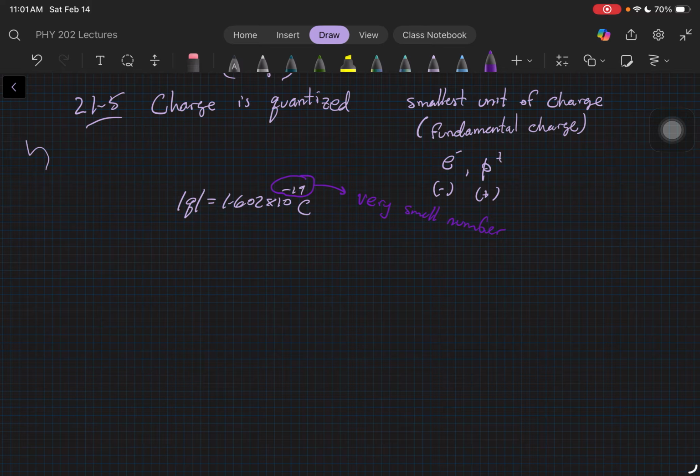And so what this kind of tells us is that the units for charge were created before the fundamental charges were known. Right? And I guess actually we should call this e because it's the fundamental charge.